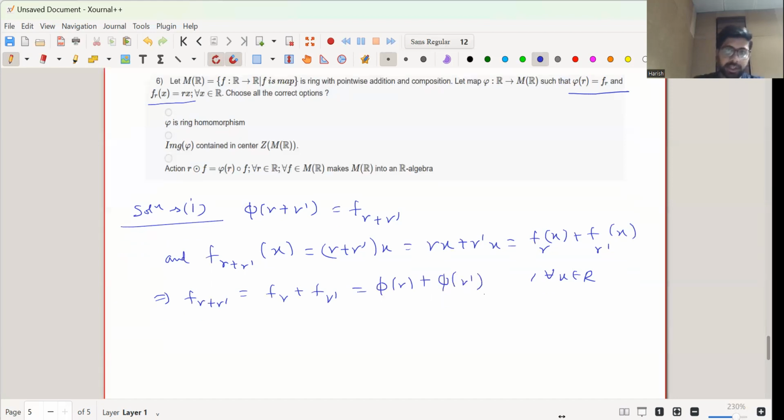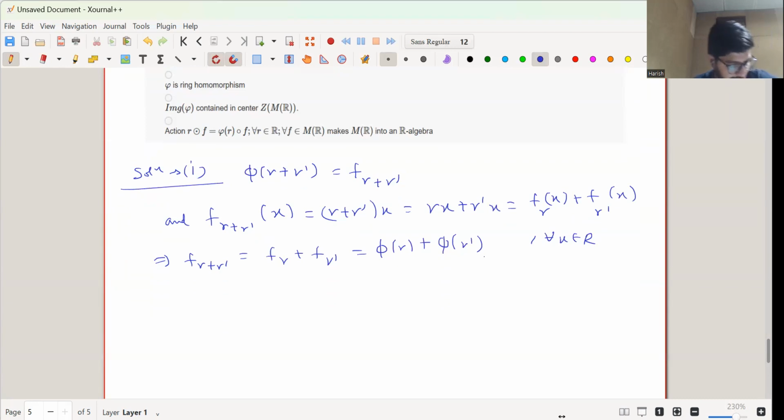Okay. Similarly, one can check that with respect to multiplication also it will hold, because you can simply say phi of r r dash is just f_r times f_r dash. So similarly, phi of r r dash is phi r times phi r dash, and thus the first one is correct, right? It's a ring homomorphism.